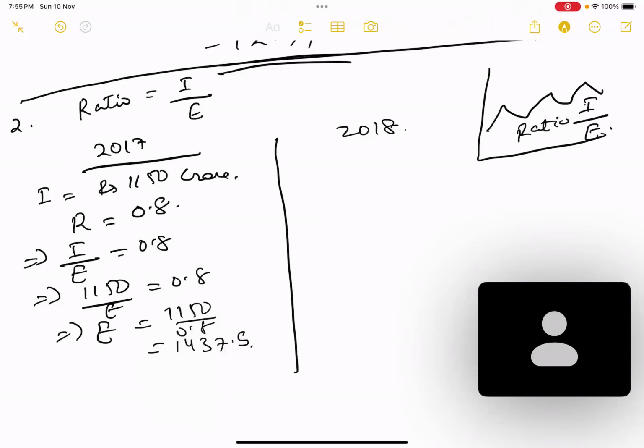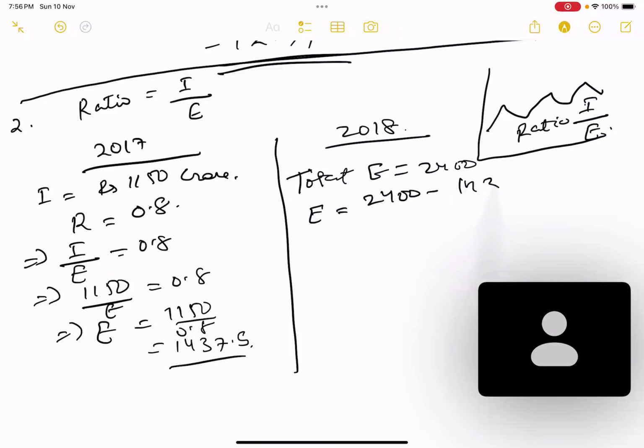The total export was 2400 for 2017 and 2018 together, so the export for 2018 will be 2400 minus 1437.5, and this will give us 962.5.